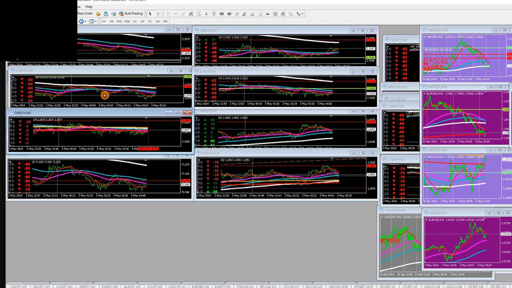You're like, okay, well, that's sideways because the CAD is slightly up, it's sideways because the dollar is slightly down, it's sideways because the Aussie is slightly up, it's also sideways because New Zealand is slightly up, and it's sideways because the euro is weak, and it's sideways because the pound is strong, which shows us that Swiss does have some strength there, because pound, Aussie, and CAD here have got a little strength, but Swiss is able to maintain itself on this local perspective.